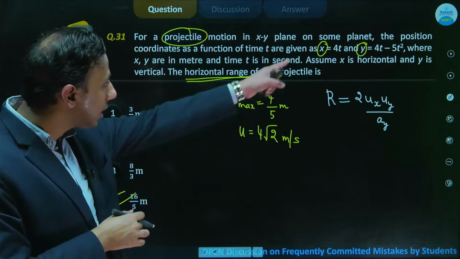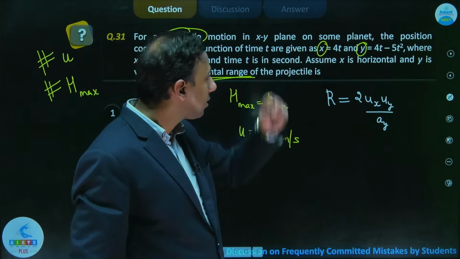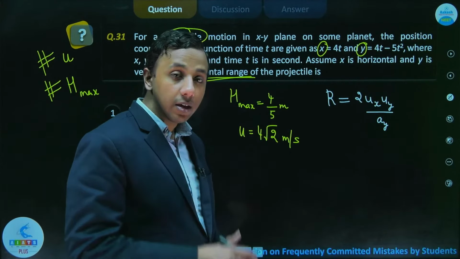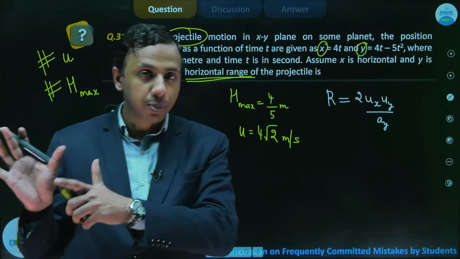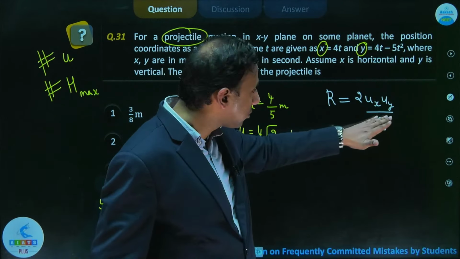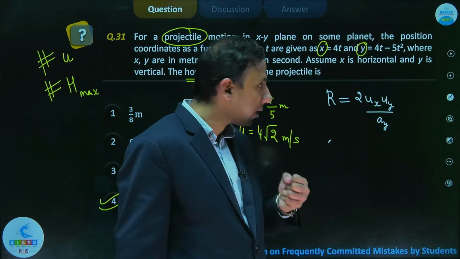Because remember here you have no acceleration along x direction, isn't it? There is no acceleration along x direction, only acceleration is along y direction. In our original projectile, that is projectile conducted on earth, here we write 2 ux uy by g, because g is the acceleration along y direction, acceleration due to gravity, okay.